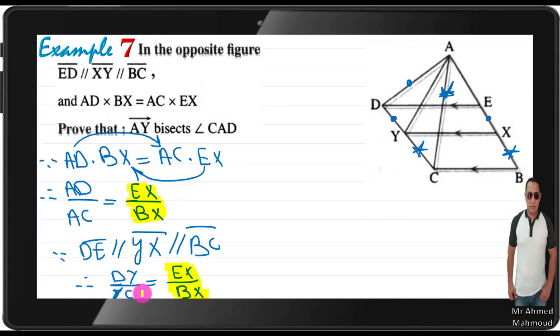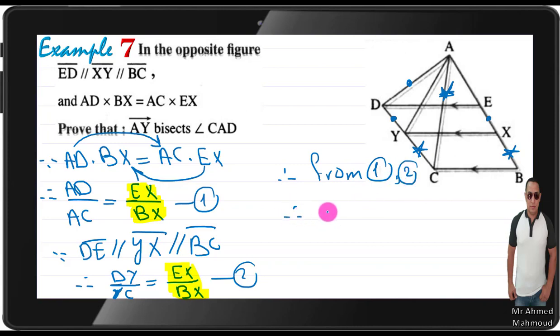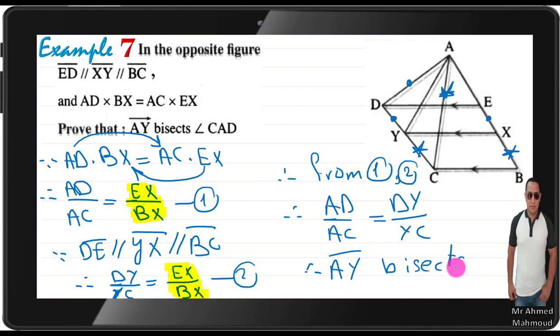Therefore from 1 and 2, AD over AC equals DY over YC. Therefore AY bisects angle DAC.